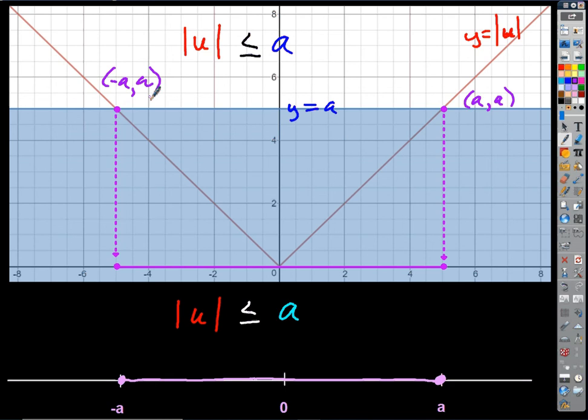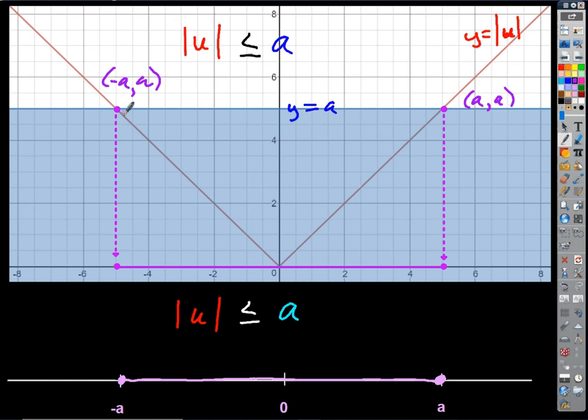This time we want to know where this absolute value function that we've graphed is less than or equal to the y value of a. Now, to get smaller y values, vertically do we go up or down? Down, right? So the places where this function is less than a would be everything below, and because we're including the equal sign, we would include the places where the y values do equal a.